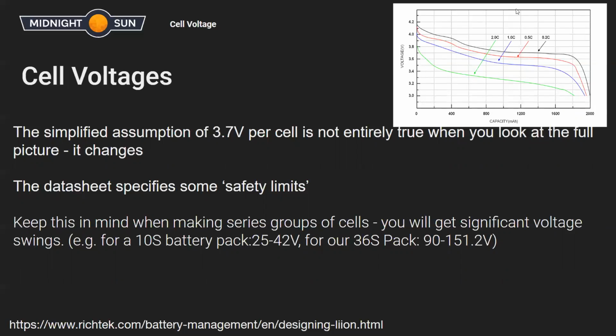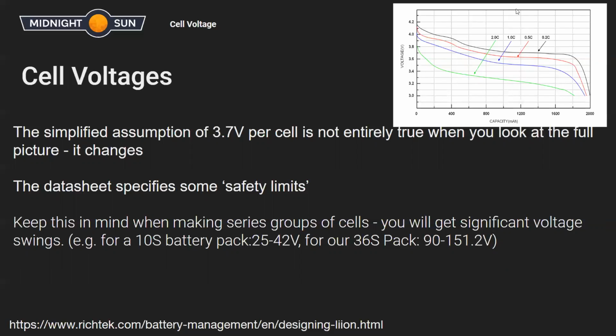Basically, as cells discharge, their voltage will drop, and that's because the concentration of ions in the electrodes drops. There are some equations that you may or may not have gone over in chemistry, but those basically show that the electrochemical potential, the cell voltage, is proportional to the concentration of those ions. So as you discharge it, the voltage will drop.